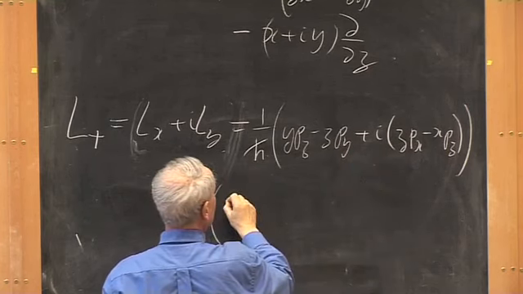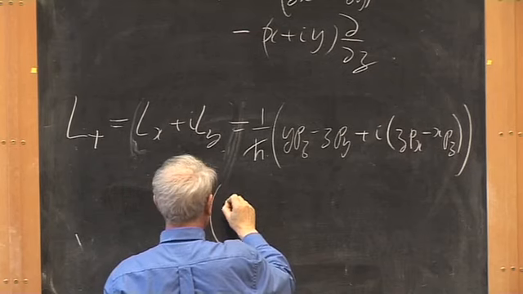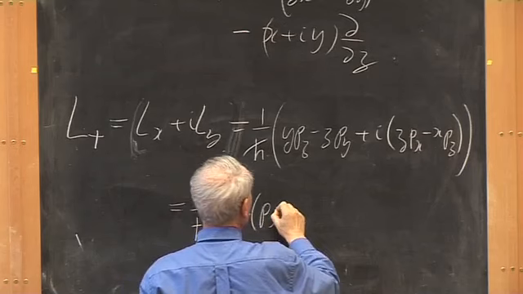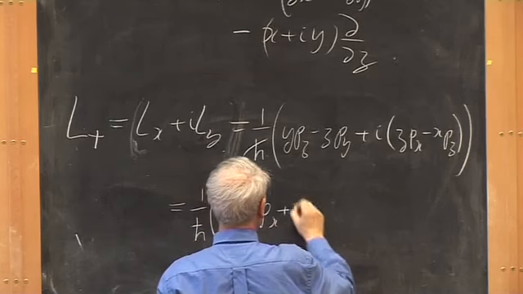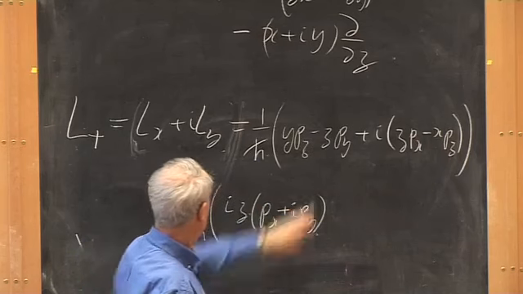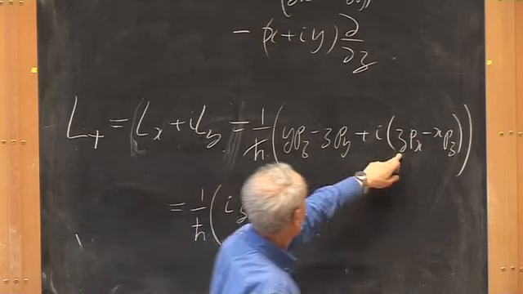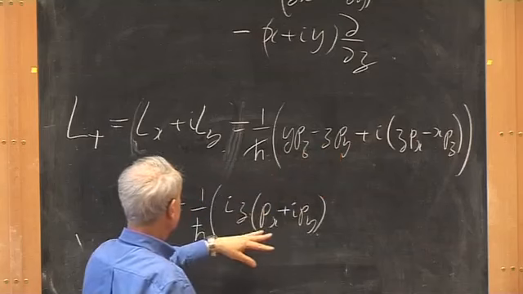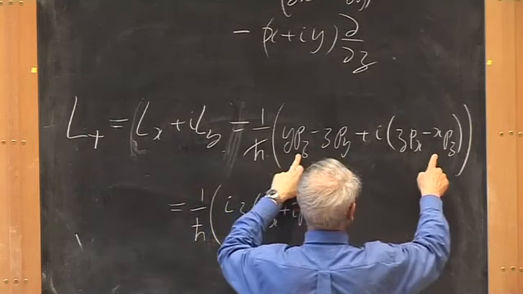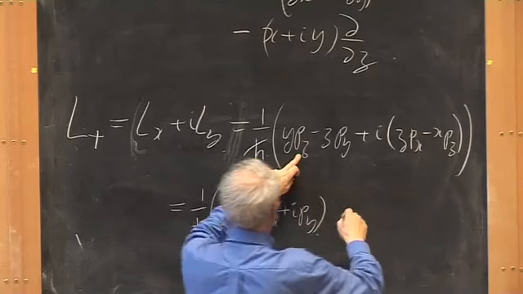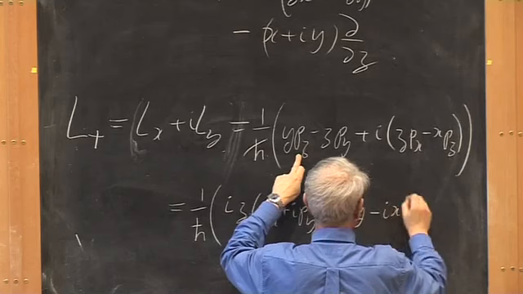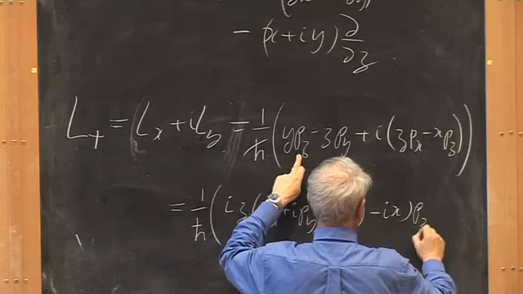We're going to have i z, px plus i py, I think. Right, this i and that i make the minus sign that we have there. z is the common factor. All right, and then what about the pz factors? Well, we have a plus y minus ix pz.